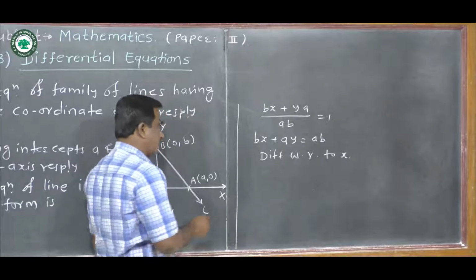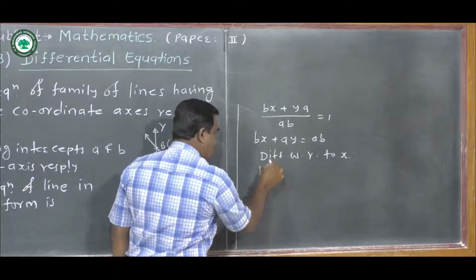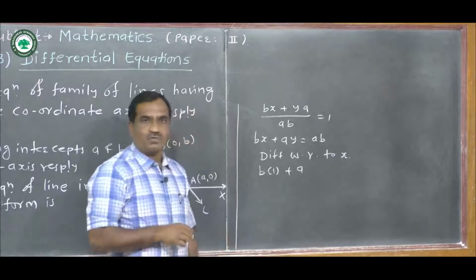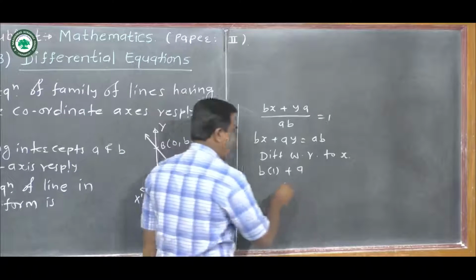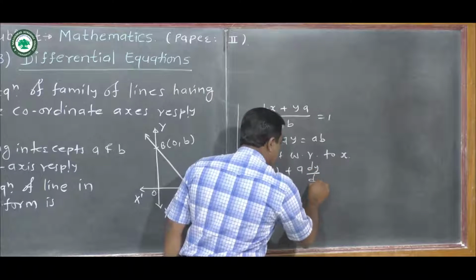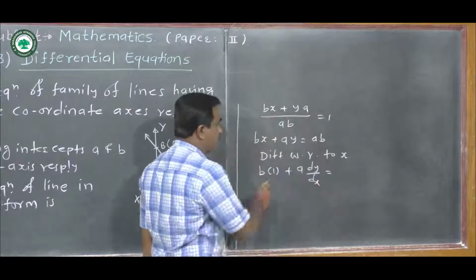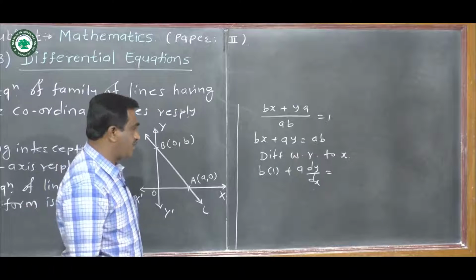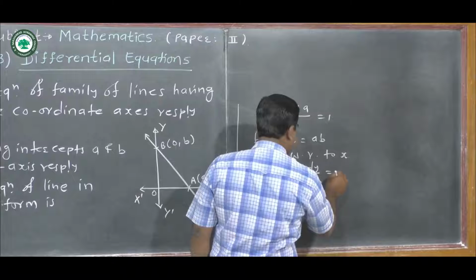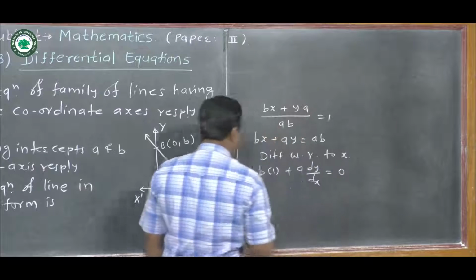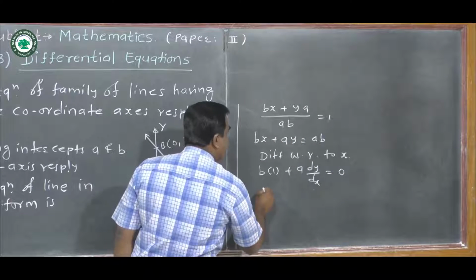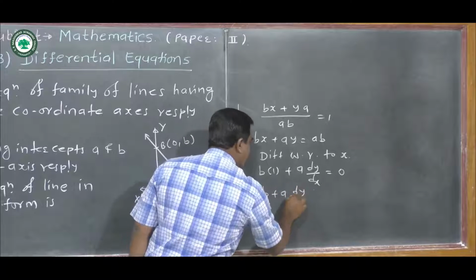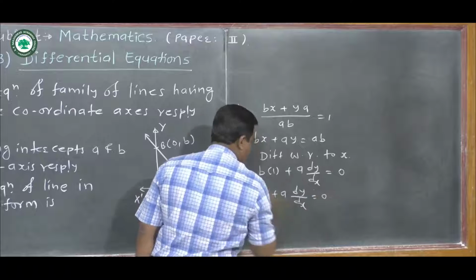Therefore, here b is a constant term, the derivative of x is 1, plus a as it is, the derivative of y with respect to x is dy by dx, equal to the derivative of ab. ab is a constant term, so the derivative of ab is equal to 0. Okay, that is, we get here b + a dy/dx = 0.